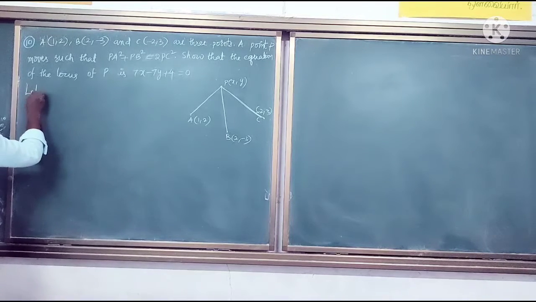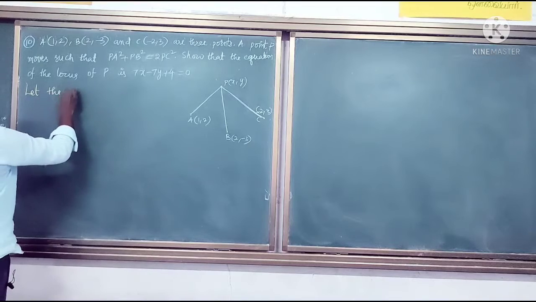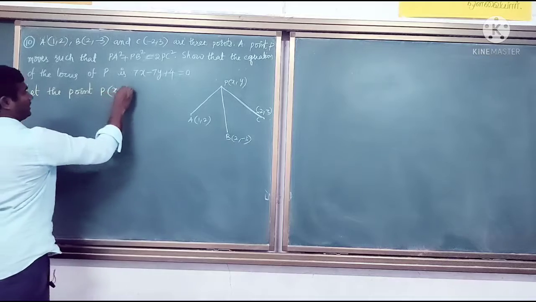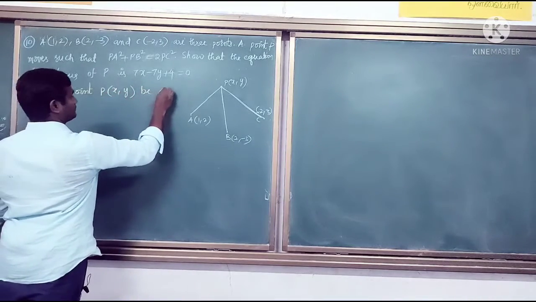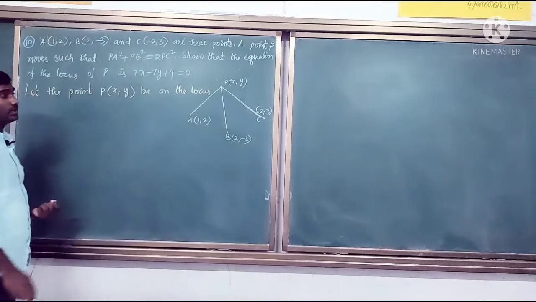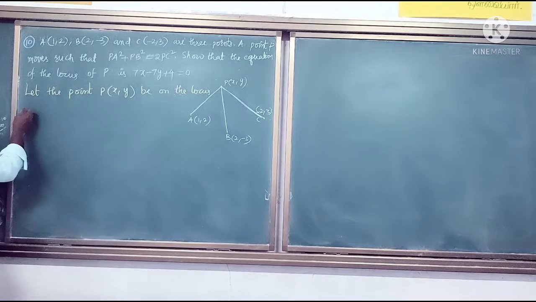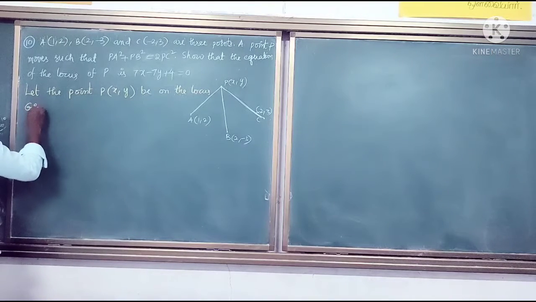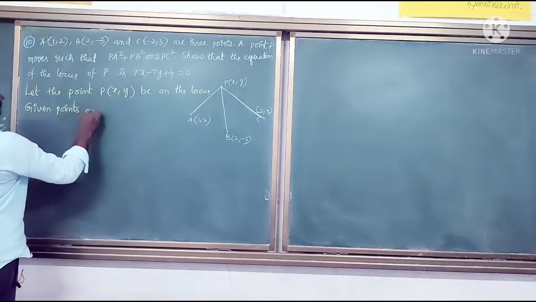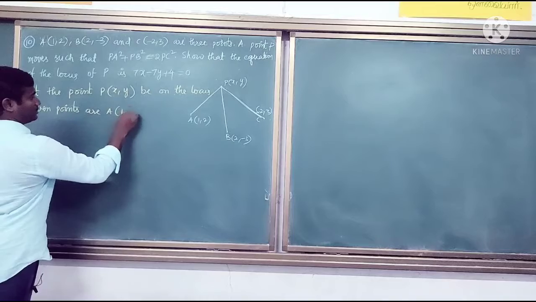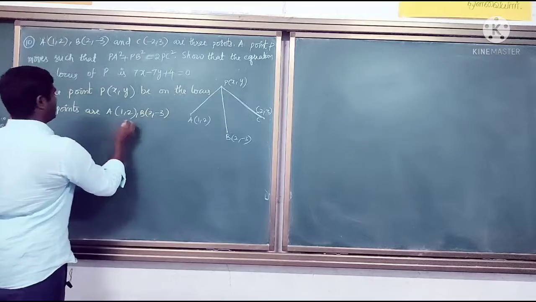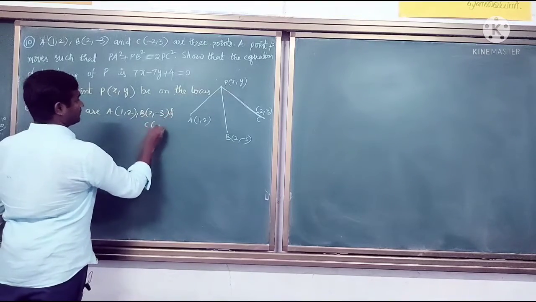Let the point P of x comma y be on the locus. Okay, so then we can write, the given points are A of 1 comma 2, B of 2 comma minus 3 and C is minus 2 comma 3.